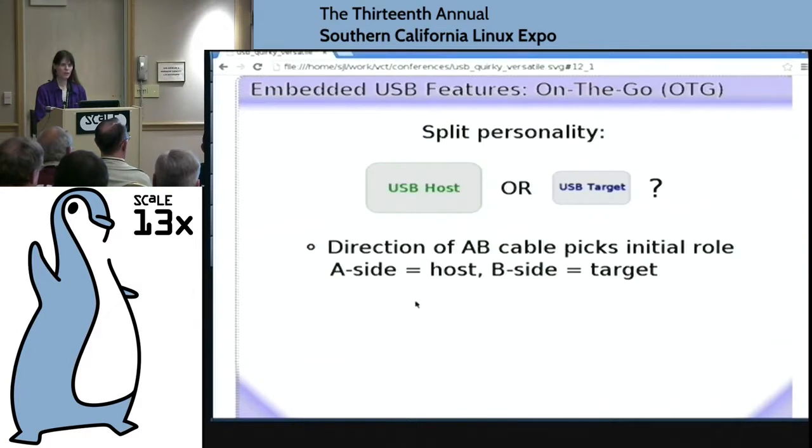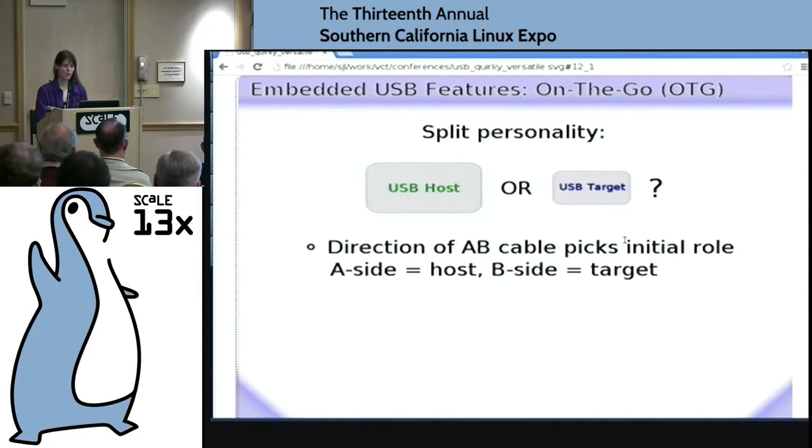So the trick is the direction of the cable that you plug into it picks which one you start up as. You have these little things marketed as on-the-go cables. You use them for your phones usually, right? You have to plug the right side of your AB cable into your embedded port to decide whether it's going to act as host or target.